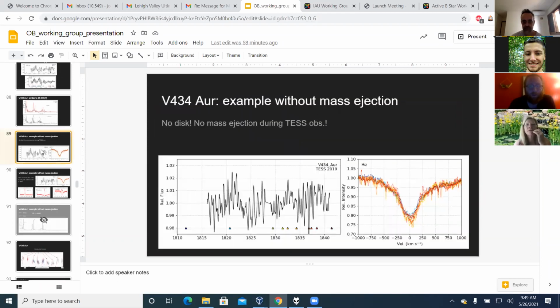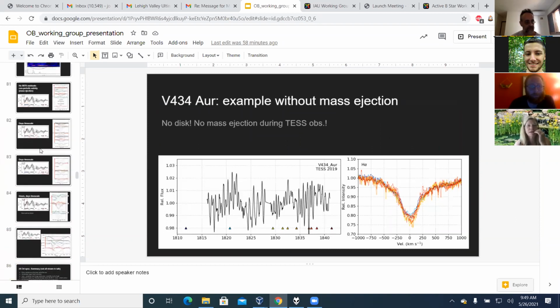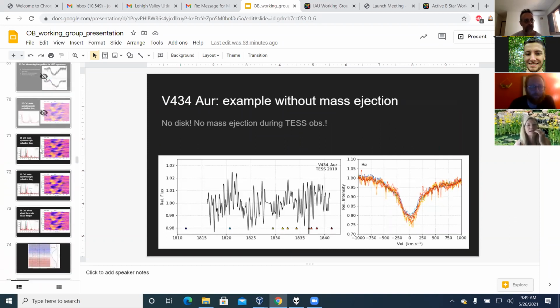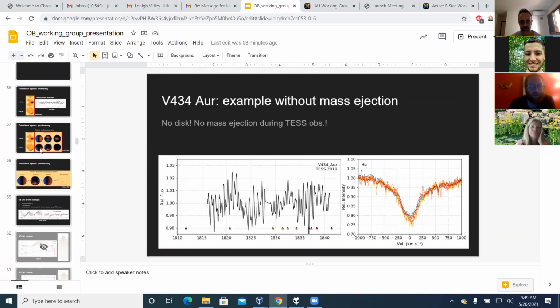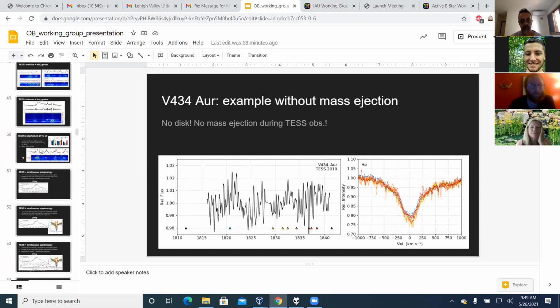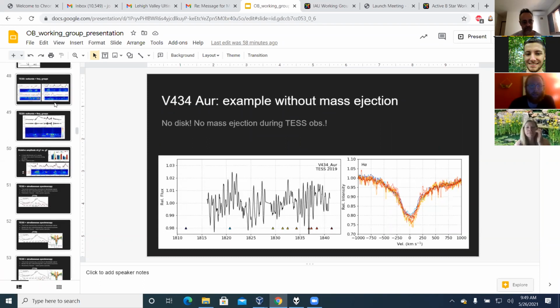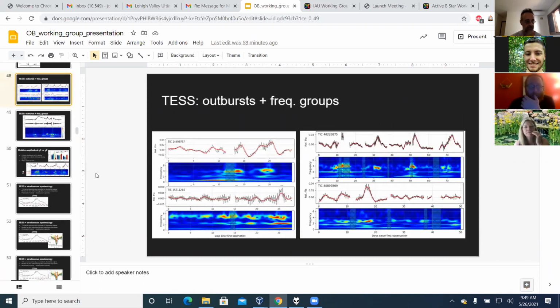Can you say that 100% of the stars with flickers do have frequency groups, right? Yeah, exactly. On the other hand, from that I get a picture that there is a causal relation between the two. On the other hand, at the end of your talk, you mentioned 6819, which is, as you said, a very cool star.